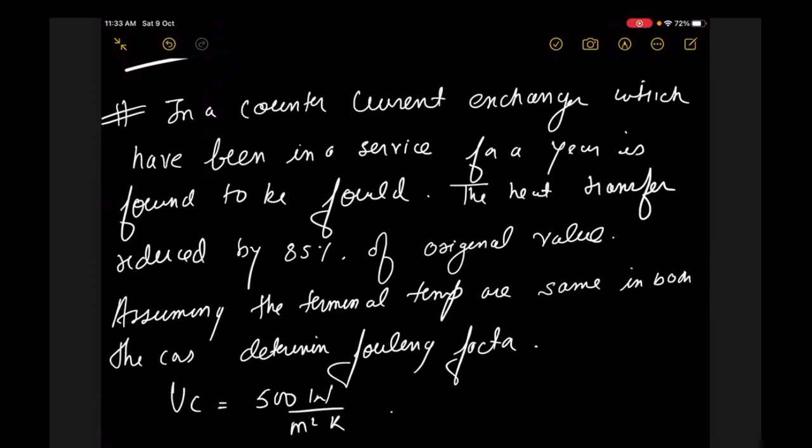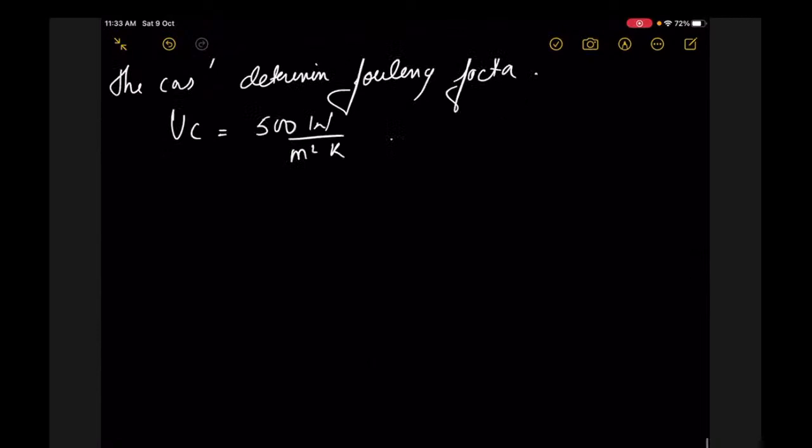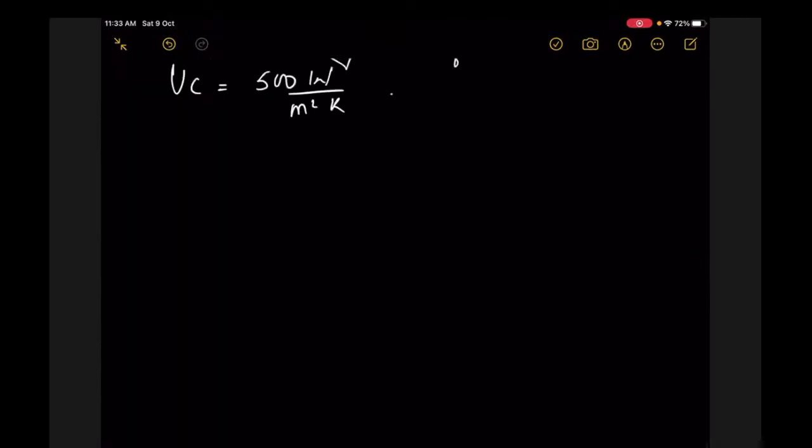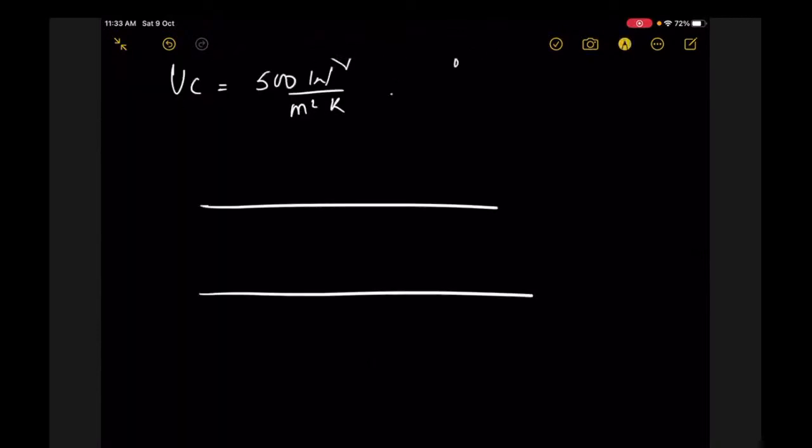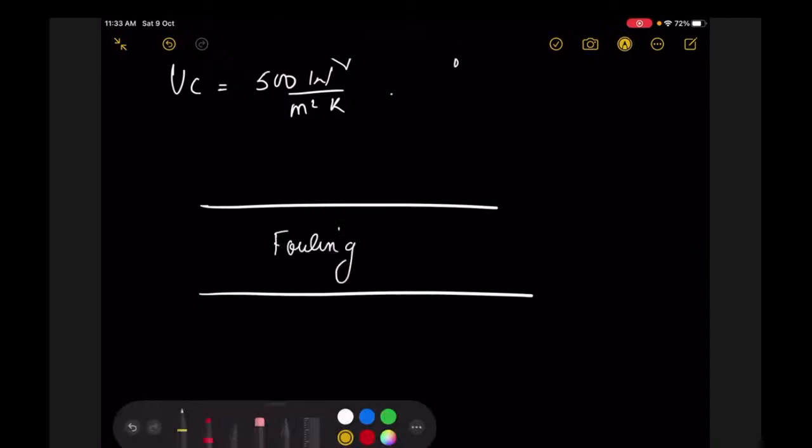तो देखो, जब भी हीट एक्सचेंजर के अंदर, पहले मैं एक थोड़ा सा कंसेप्ट बताता हूँ, जब भी हीट एक्सचेंजर के अंदर फाउलिंग होगी, whenever the fouling takes place, two parameters are going to be changed.